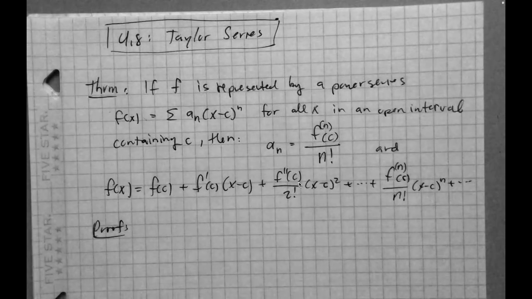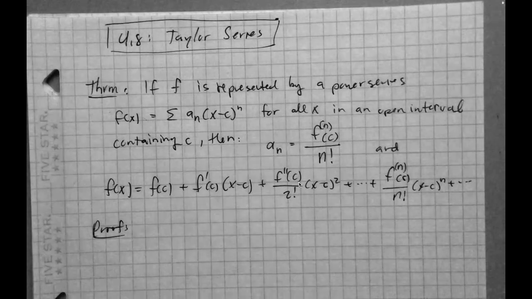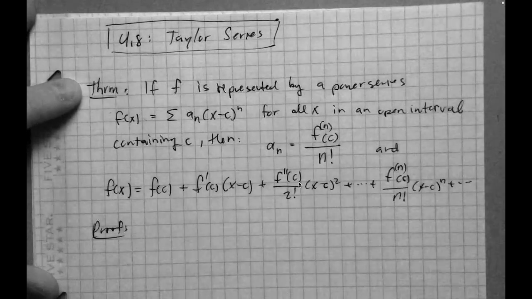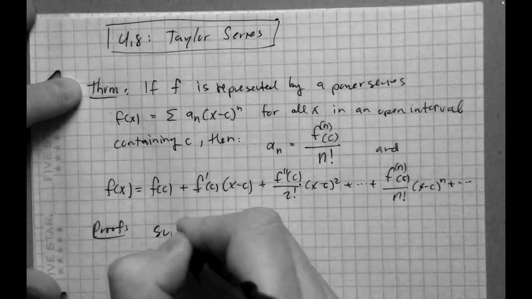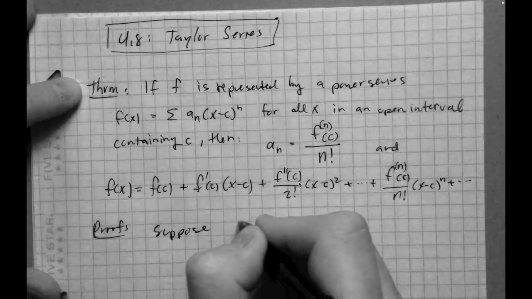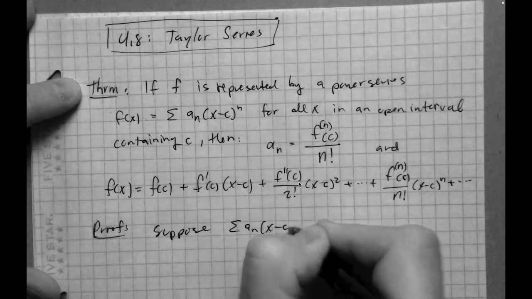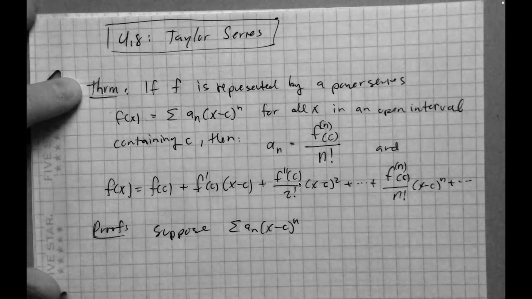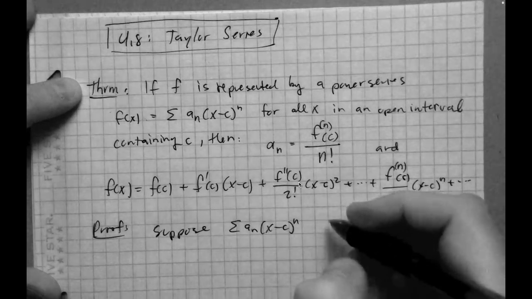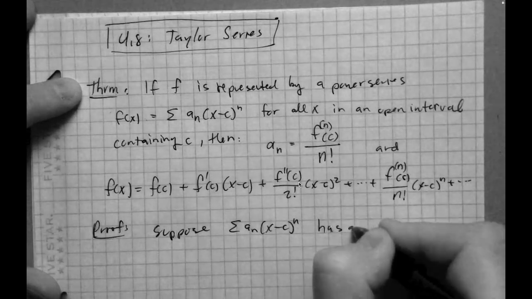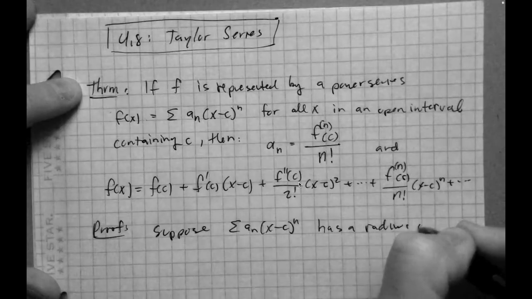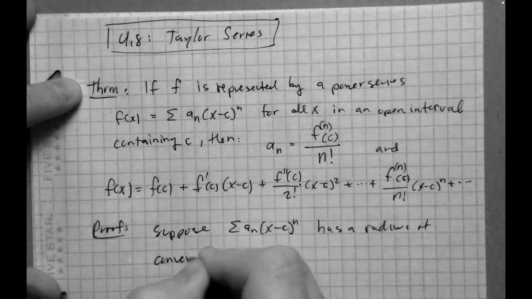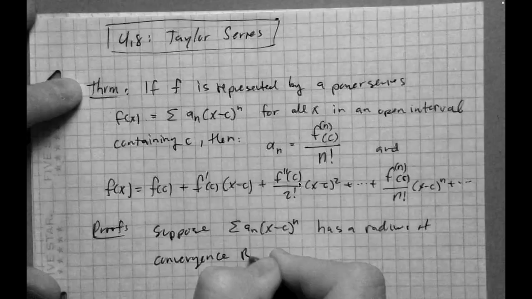So for this one, we'll assume the statement here. Suppose that the sum of a sub n times x minus c to the n has a radius of convergence r.